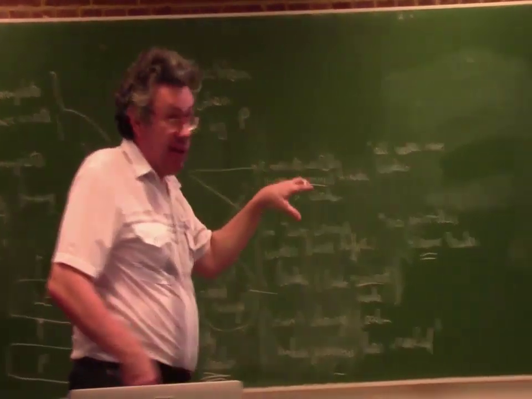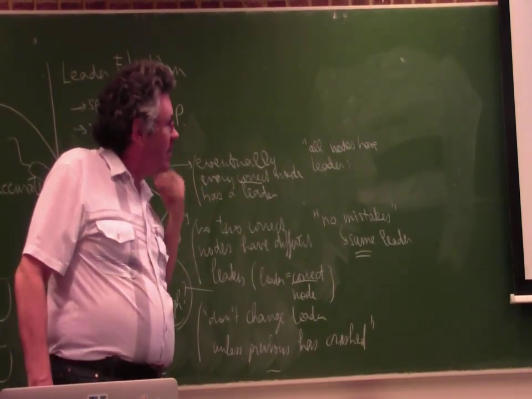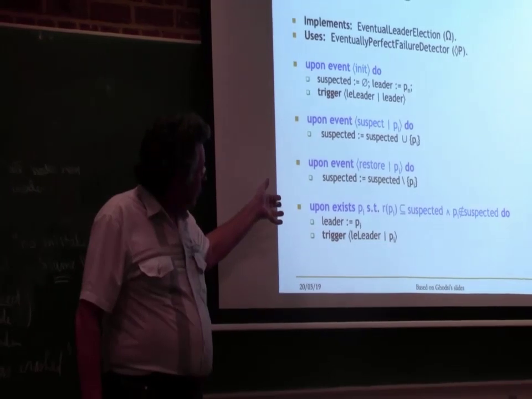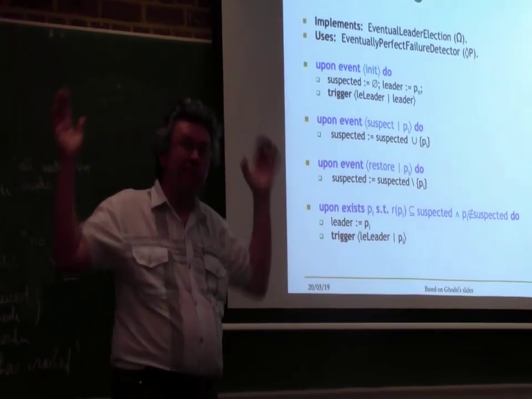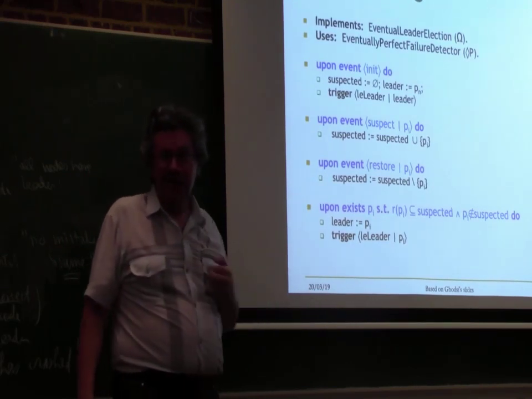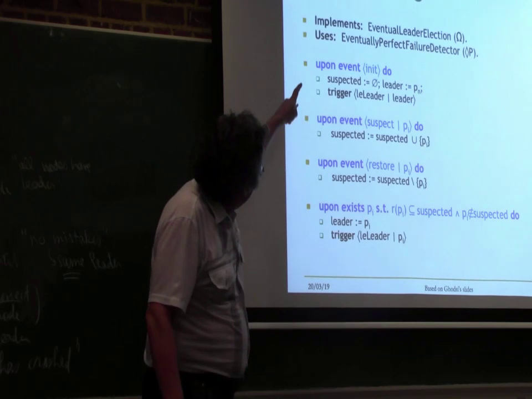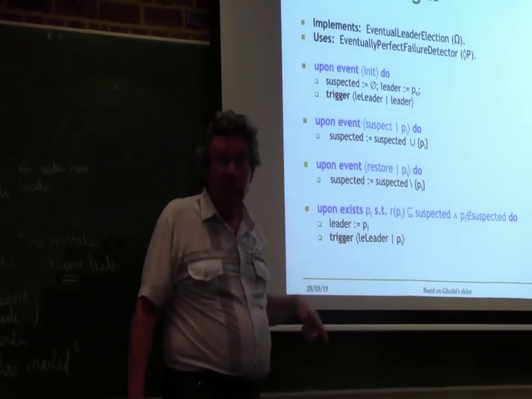This is actually a pretty subtle algorithm if you think about it. In the 1990s, this algorithm was a research result, published in a big conference. Now it's just an exercise in a course. So basically, building it on top of the eventually perfect failure detector makes the code very easy.